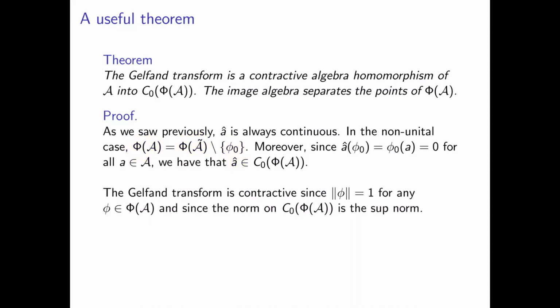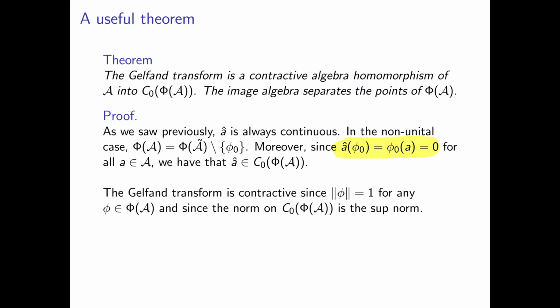And then we have that the Gelfand transform is contractive as well. And this is simply because the norm of any character is equal to 1. And since this norm on this algebra here is just the supremum norm, this result follows very easily. So let's say that we look at this expression here, and we want to calculate the norm of a hat.